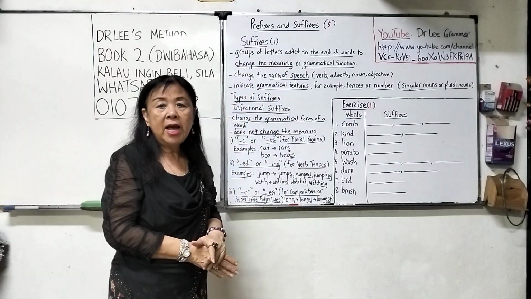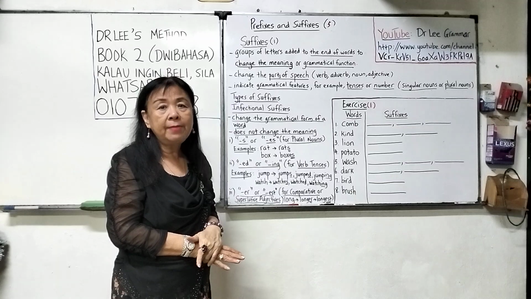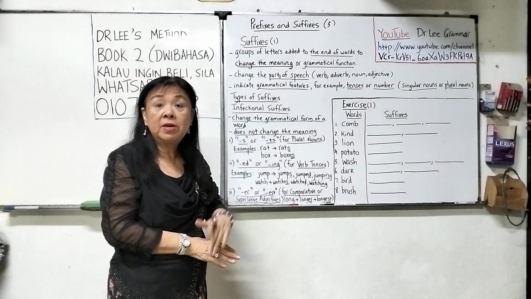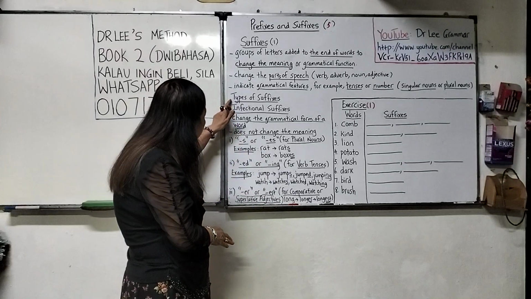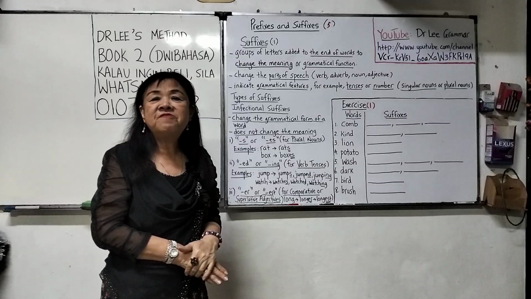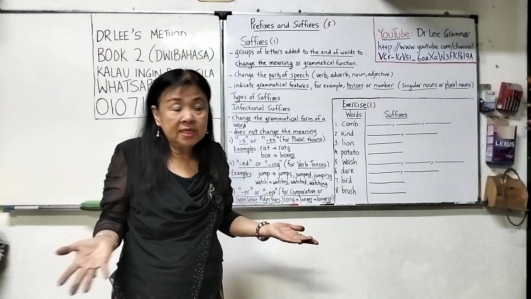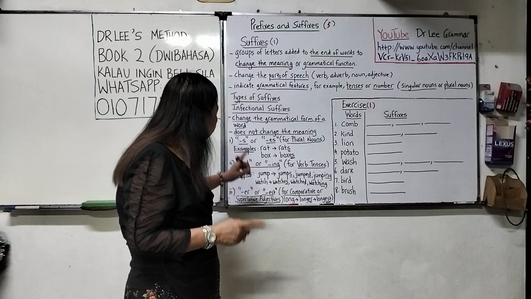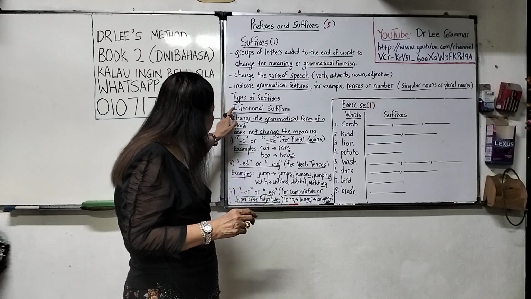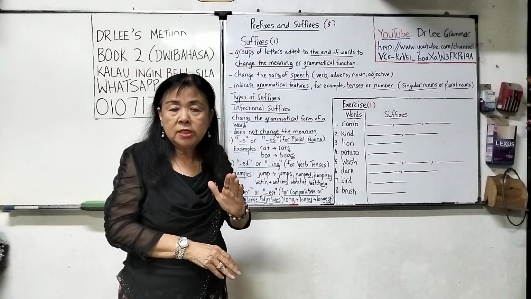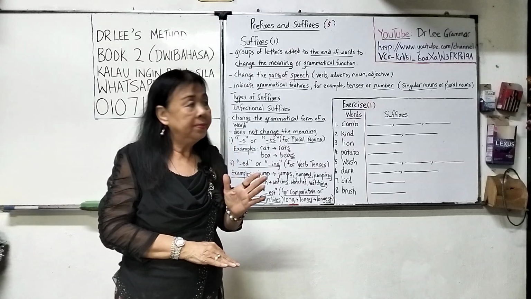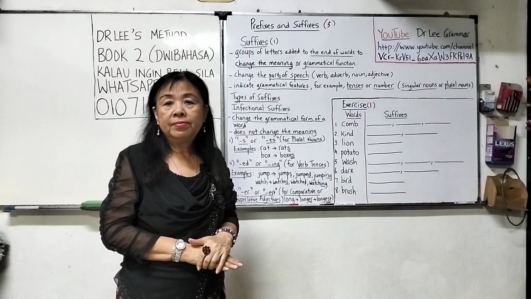So today, I will start teaching the first type of suffixes. There are several types. The first type of suffixes is called inflectional suffixes. So what are inflectional suffixes? There are 3 here. First of all, we use inflectional suffixes to change the grammatical form of the word.